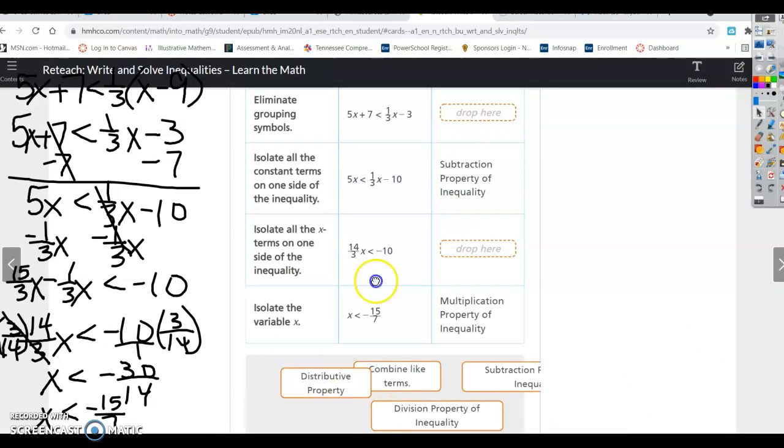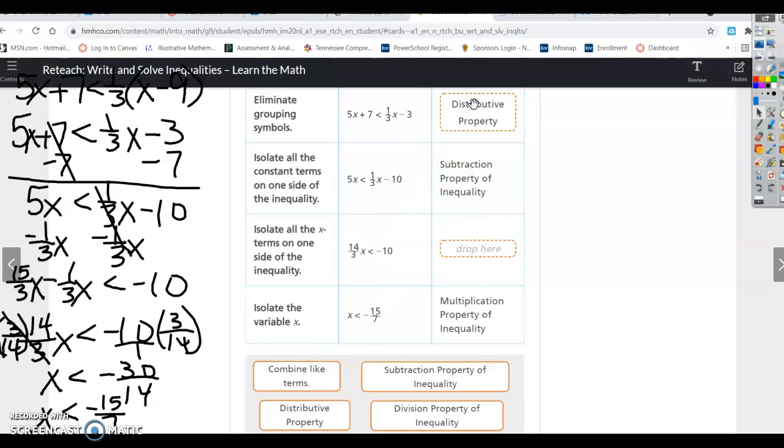So I'm going to move distributive property up here. And then once they get rid of the grouping symbols, we use subtraction property to bring the 7 over and make it negative 10.